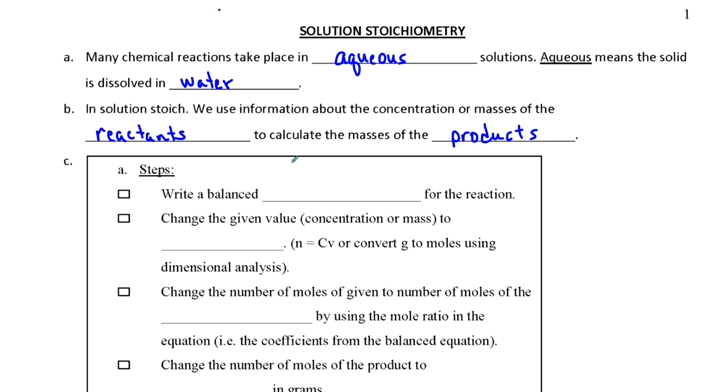So write a balanced equation for the reaction is always going to be our first step. Just like in stoichiometry, we would always do that first. Then we're going to change the given value, either the concentration or the mass, to moles. Okay, so this is where things change. Normally we would just either be given mass or be given moles.